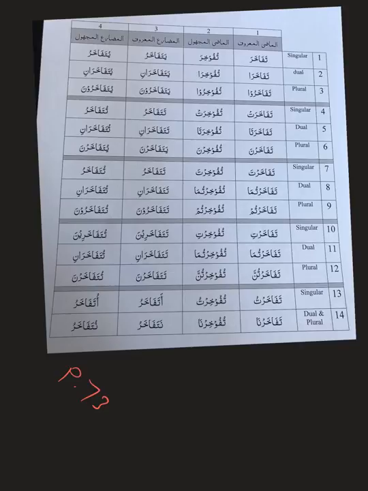So moving on in your booklet, Babu Tafa'ul, on page 73 you've got Madi Ma'ruf, Madi Majhul, Mudari' Ma'ruf and Mudari' Majhul. Because of a lack of time, I'm not going to go over these paradigms, but I would like you to pause the video now and practice this, please. Tafakhara, tafakharu, tafakharat, tafakharta, tafakharna.